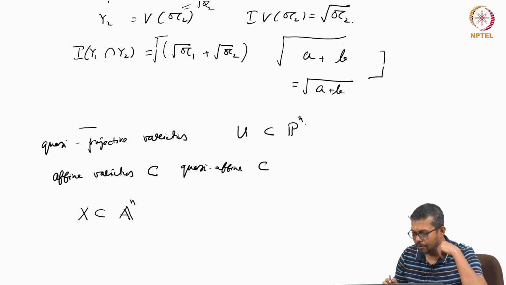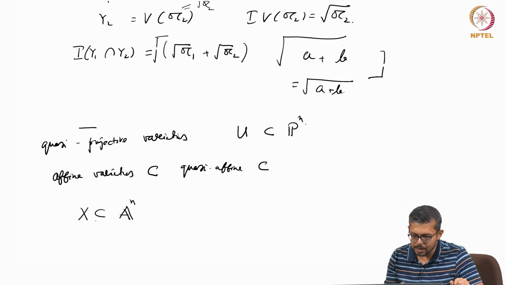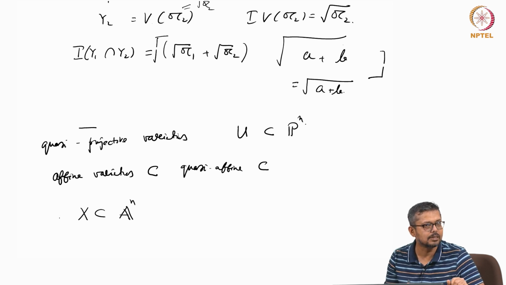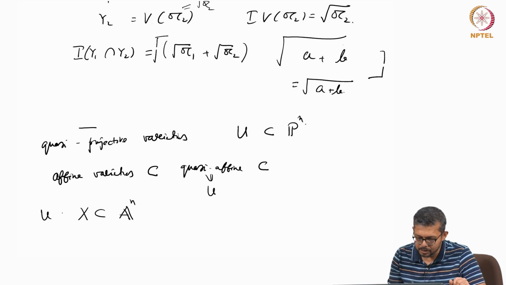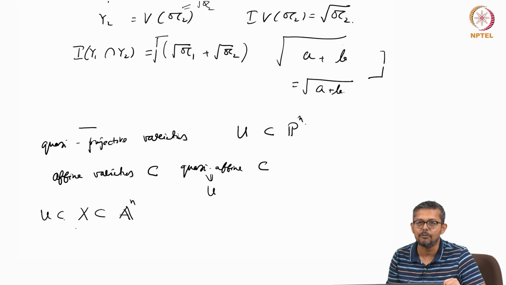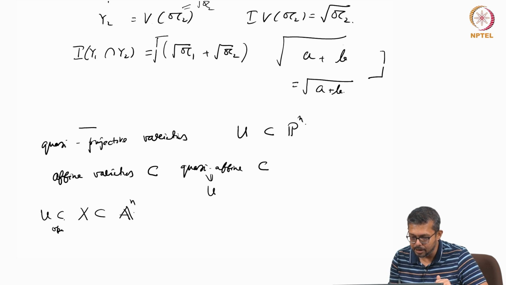Right? Now, if I take something in quasi-affine, that means it is some open subset in some X, where X is an affine variety. So this U is in X, which is open, and this U I can think as some open subset in AN intersection X. So this is an open subset in AN.